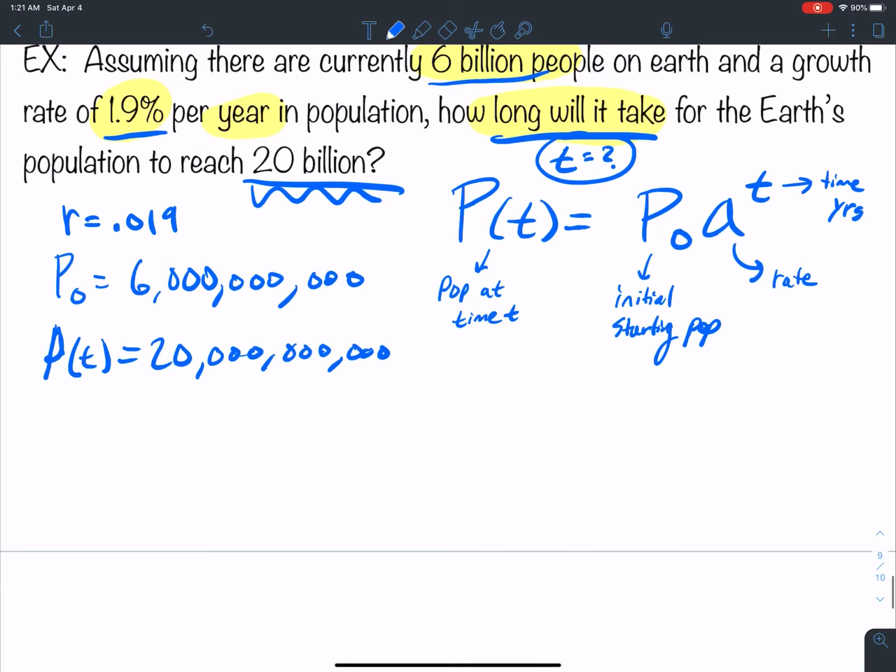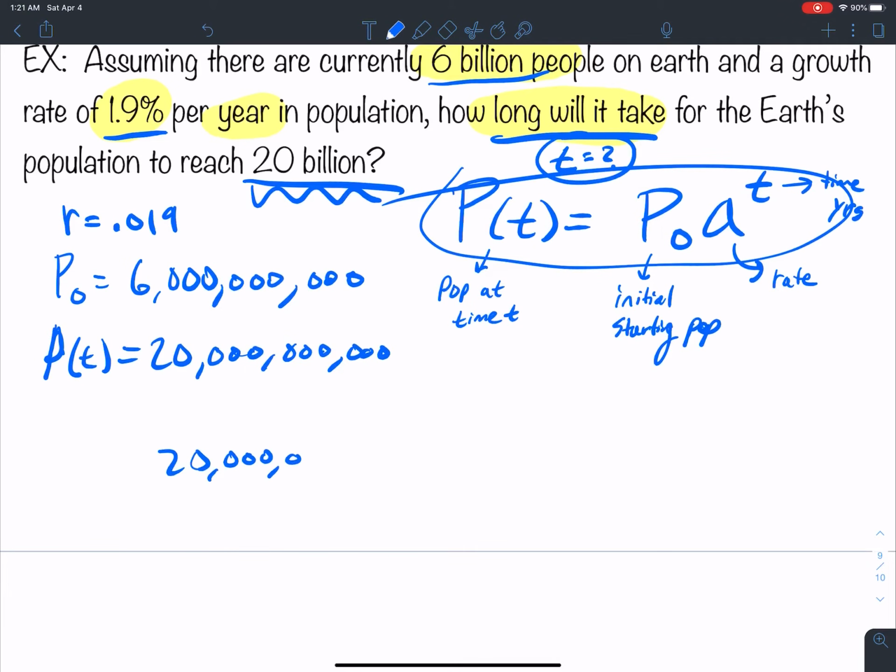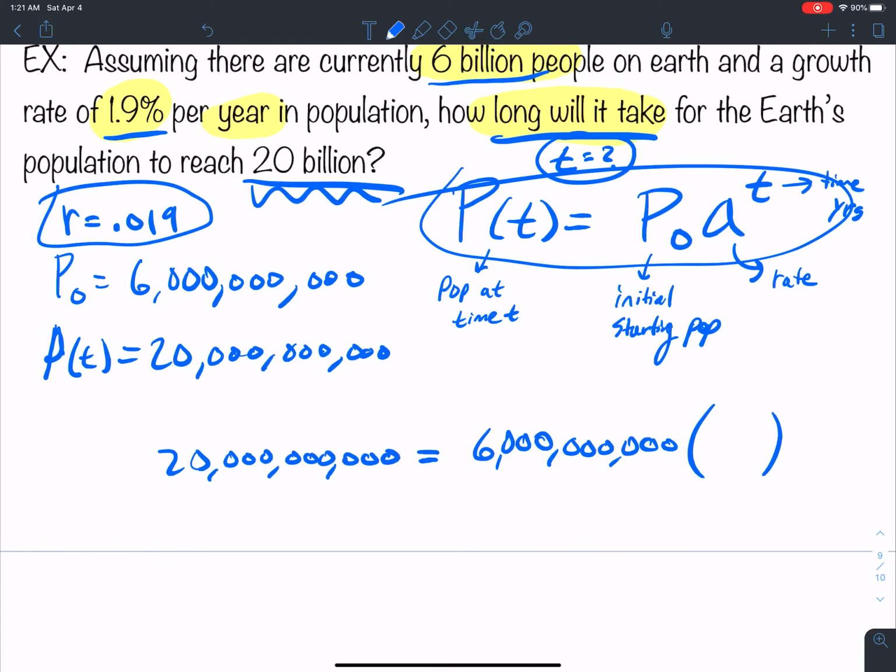All right, so let's plug in our values into our formula. So 20 billion equals 6 billion times a. Okay, how do I get my base a? Well, I know my rate is 1.9% added on to, what do I start at? I start at 100%, right? If I'm staying the same from year to year, I stay at 100% year to year, okay?